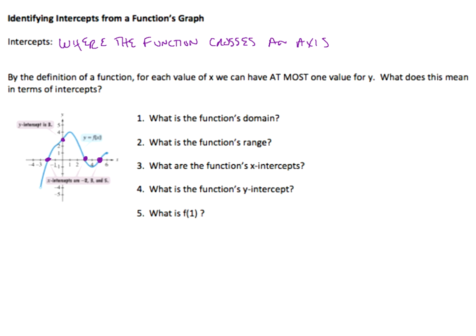Okay, so just to clarify, this end on this function is an open circle, and the end on this side is a closed circle, just in case you couldn't see that very well. And let me take these intercepts off so we don't get confused when we're writing domain and range. All right, so what is the function's domain? Let me go back to my blue pen for consistency's sake.